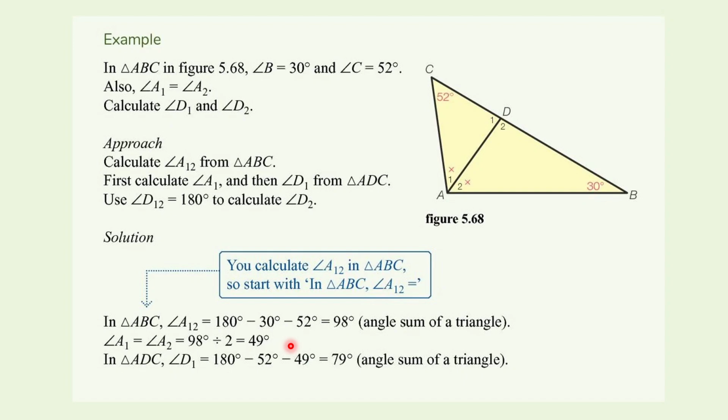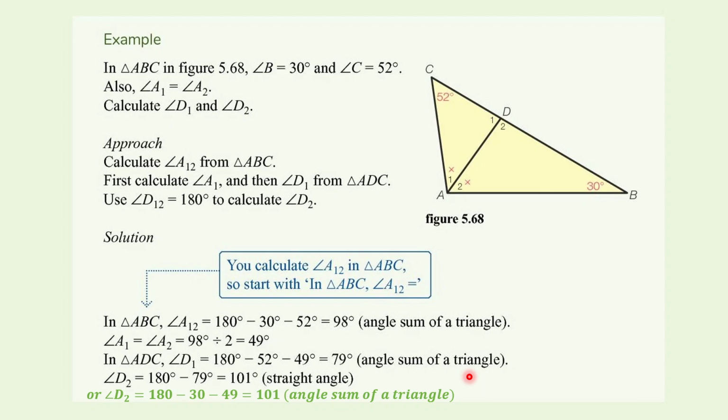In ADC, we use the angle sum of a triangle, which is 180 minus A1 minus C, which is 79. And now the book says D2 is therefore 180 minus 79. They use a straight angle rule. You could also say, or angle D2 is equal to 180 minus 30 minus 49 is also 109.